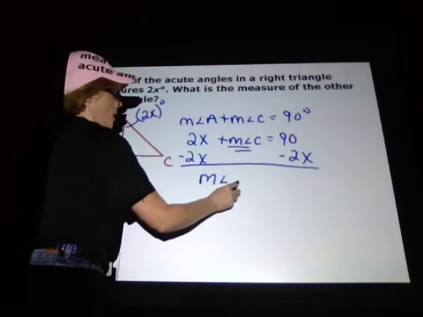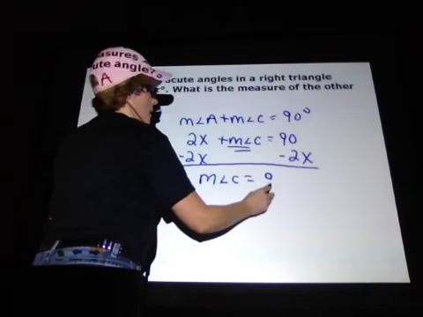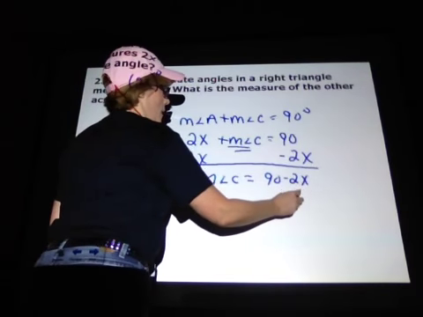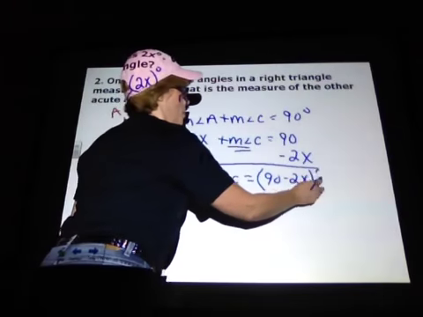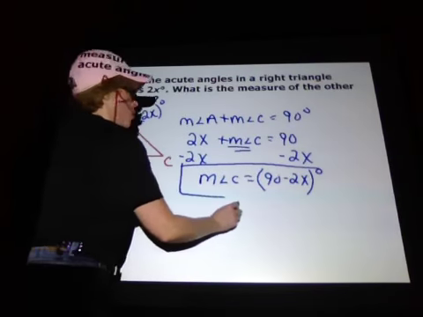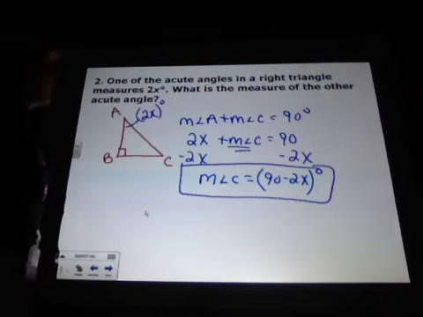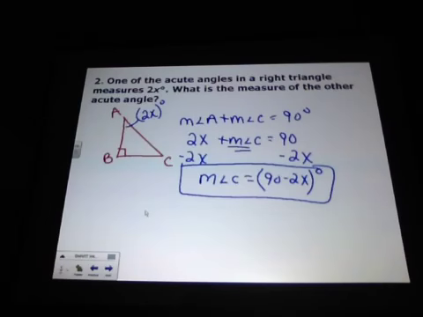So the measurement of angle C is going to be 90 minus 2x. That represents one measurement, so you want to put it in parentheses. Make sure you put your degree symbol. So the measurement of that second acute angle is (90 minus 2x) degrees.